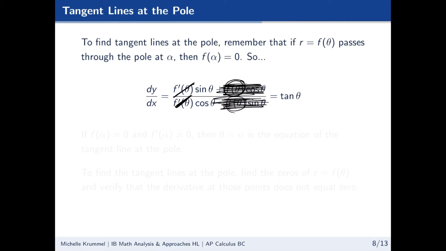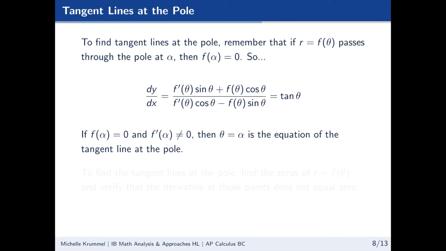So we have this simplified version of our slope equation, but remember, this is only going to apply to tangent lines that pass through the pole. And we want to be careful here in noting that f prime of alpha cannot equal 0. What would happen if f of alpha were equal to 0 and f prime of alpha were equal to 0?